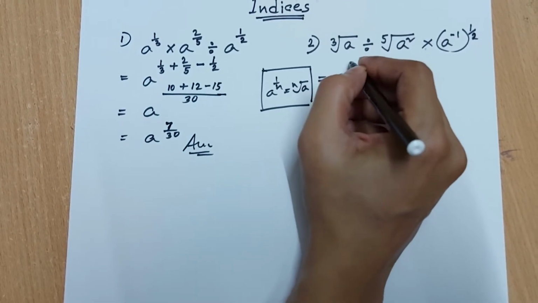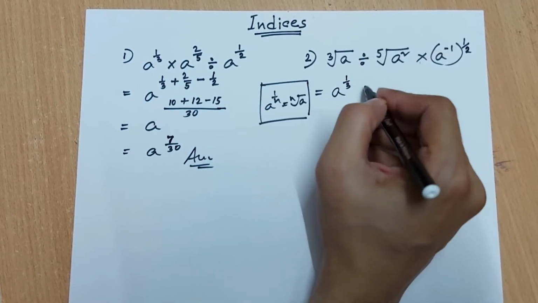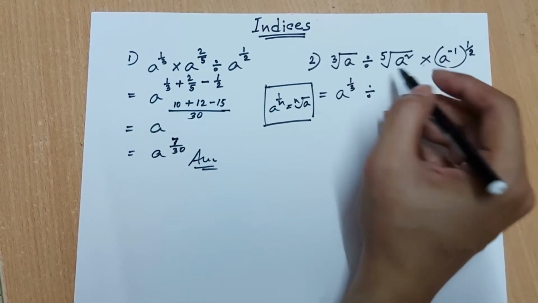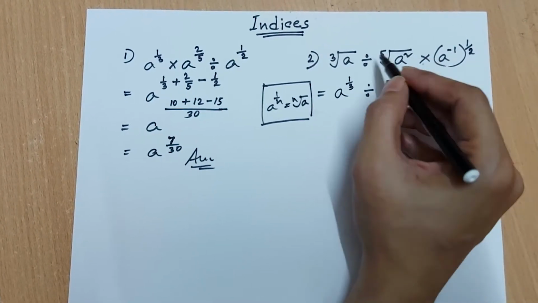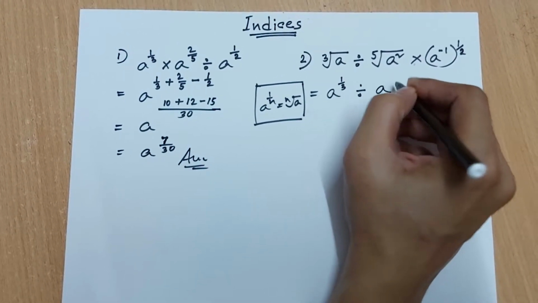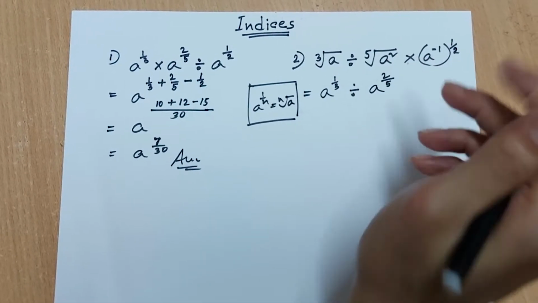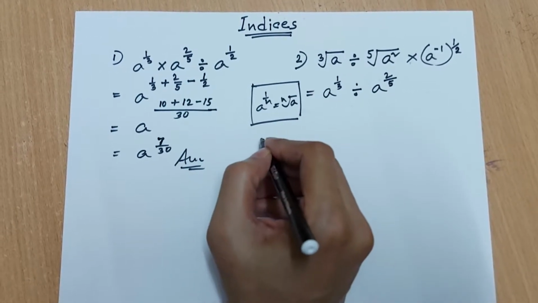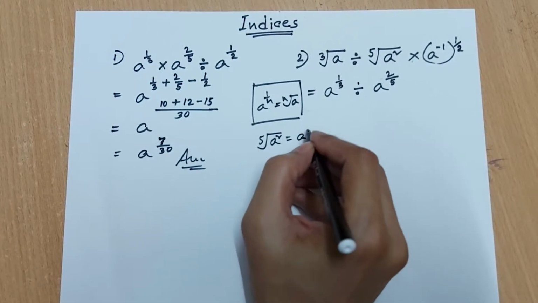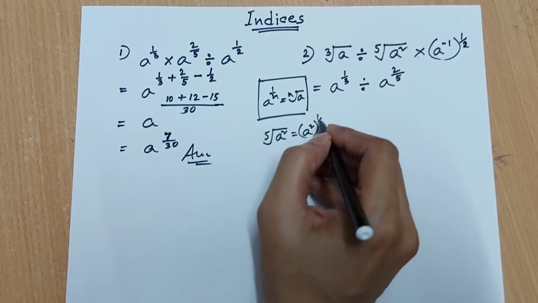So a power 1/3, cube root of a, equal to a power 1 by 3, divided by the fifth root of a squared. So a already has a square and is raised to the power 1 by 5. So a power 2 by 5. How can you get it? I am showing you here. A already has a square, and the fifth root, that is 1 by 5.